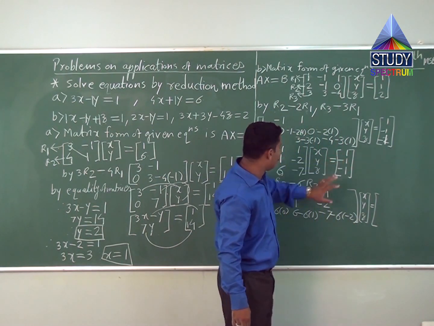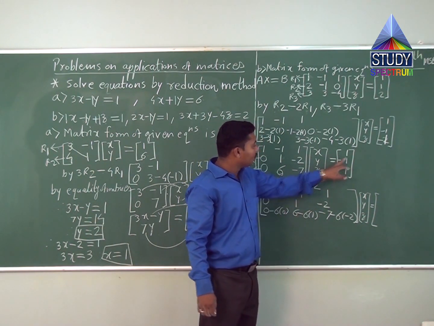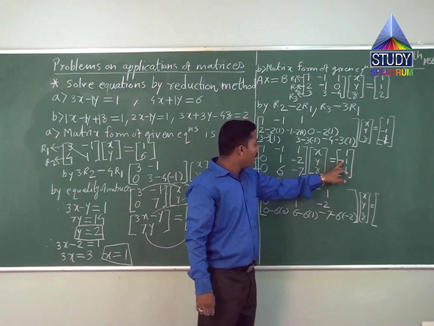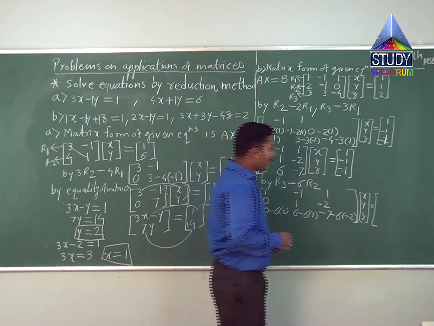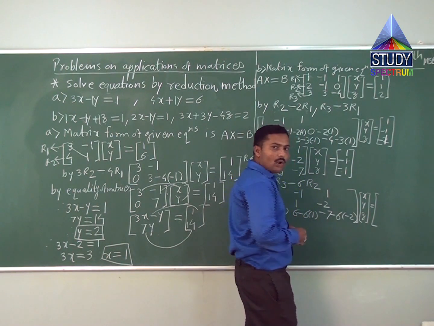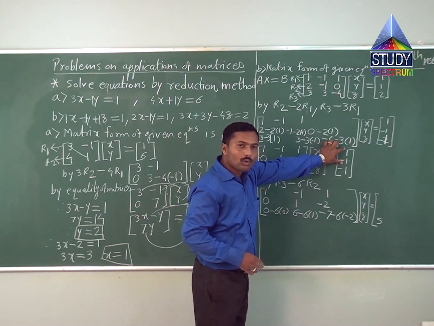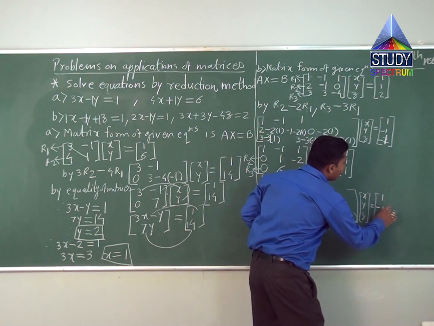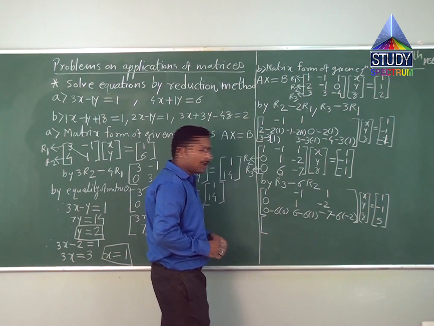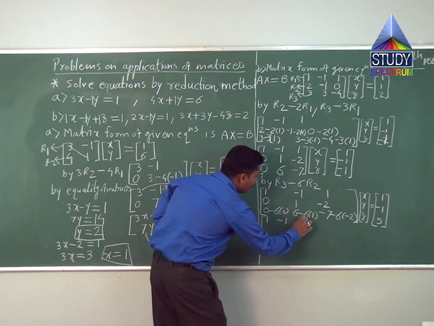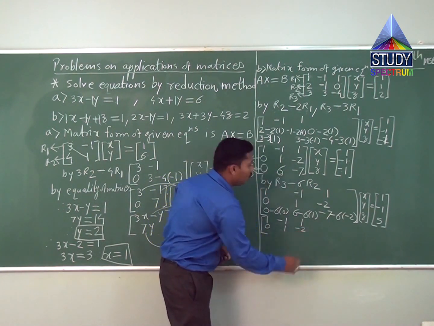So you can do it directly also. R3 means minus 1 minus 6 into R2, minus 1 minus minus plus 6 into 1, 6, so minus 1 plus 6, 5. First two rows are the same, so 1 minus 1 1 and 0 1 minus 2.